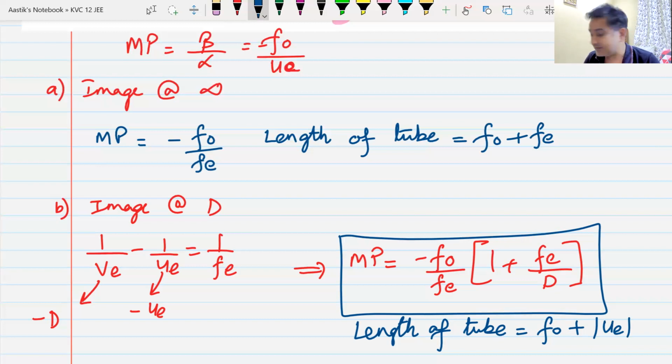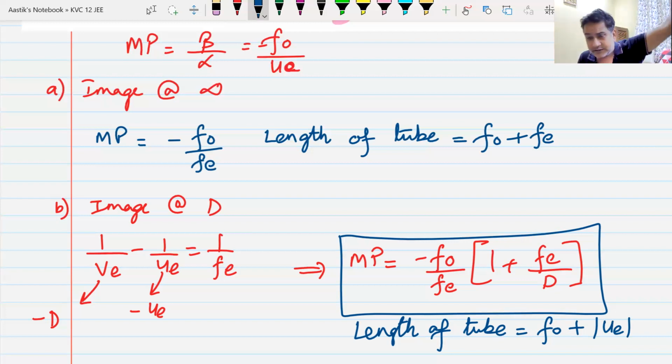So these are the concepts of microscope and telescope. The questions on these things are very simple. They will give you the values and they will ask you the answer. If possible, I will give you one or two questions on telescope and microscope in the next class, and we can wind it off then, if you want.